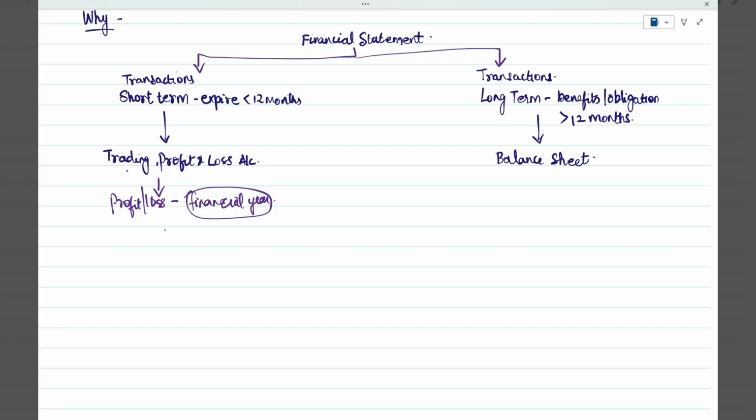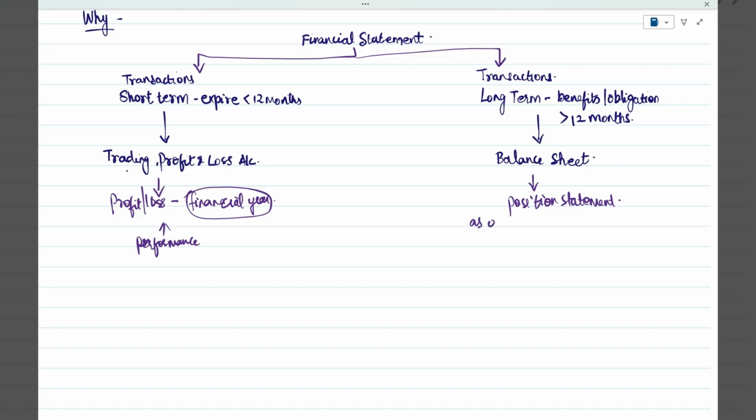So those transactions which are short term in nature are put together in the trading profit and loss account in order to ascertain the performance of that particular entity in that financial year. Whereas those transactions which are long term in nature are put together in the balance sheet. A balance sheet is nothing but a position statement. What is the meaning of position statement?